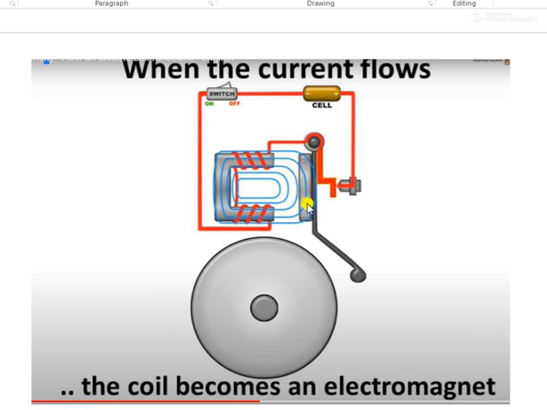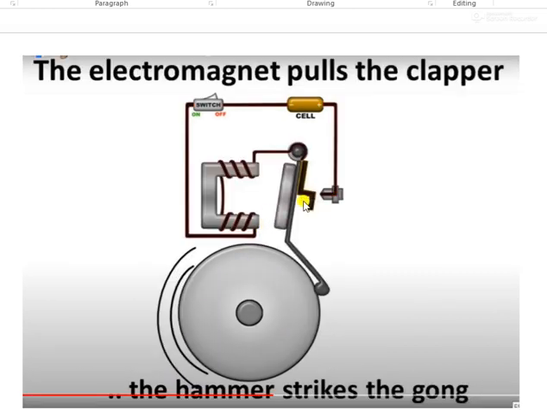When they attract the iron strip, what will happen? Can you see this iron strip will be attracted towards this iron rod and the hammer, that means the striker, strikes on the bell and we can hear the sound of the bell.